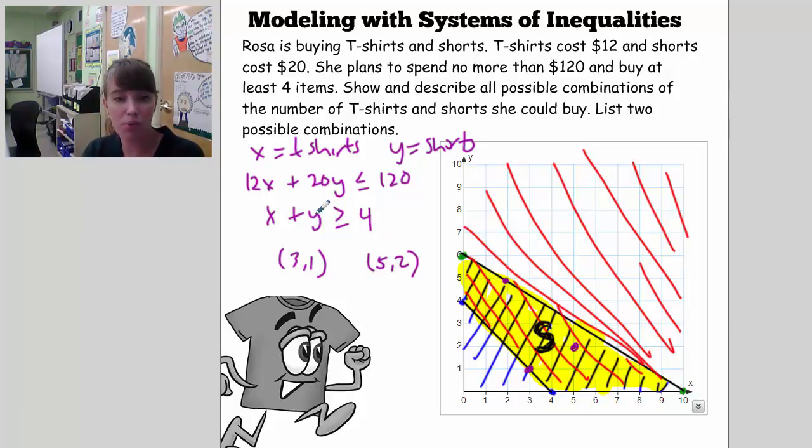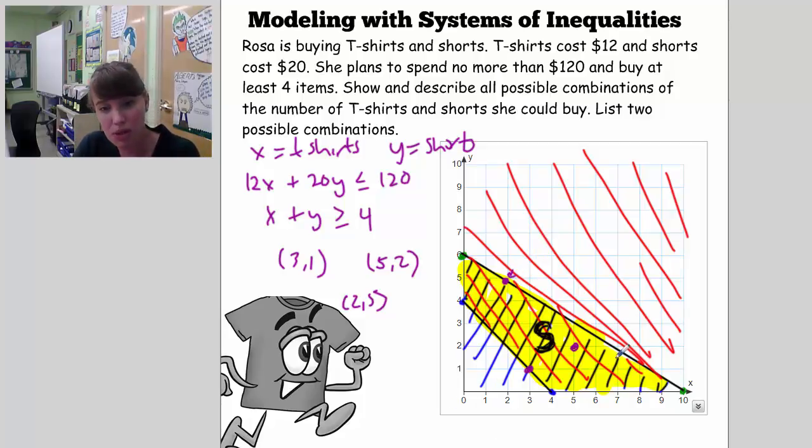And 24 plus 100. Actually, that doesn't work, right? 24 plus 100 is greater than 120. So that point would not work. It's hard to tell from this line. That line must not go through that point. That point must be just a little bit above that line.